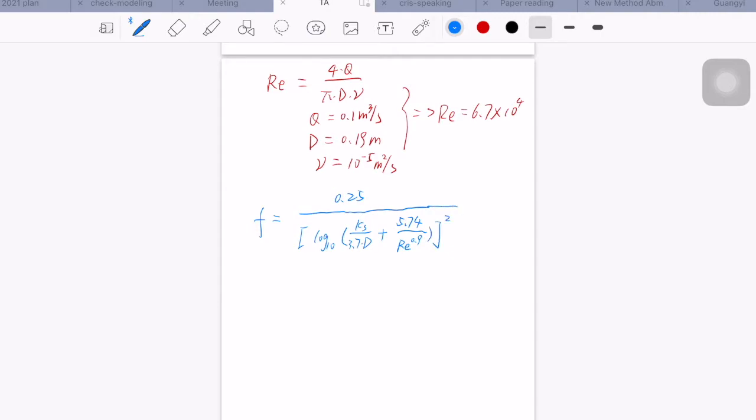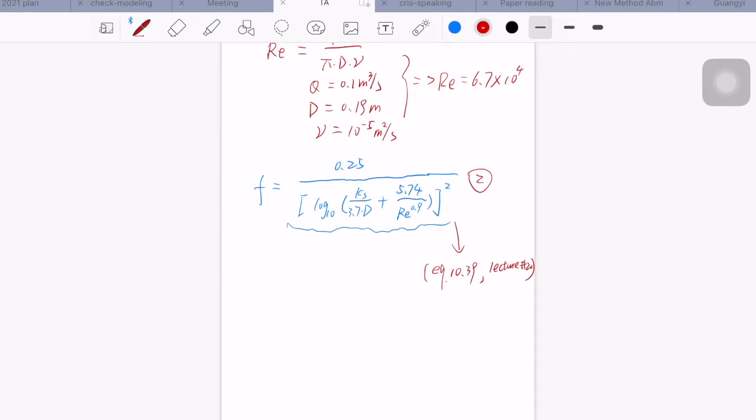We can use this equation to find the new F, and we consider it as equation 2. Actually, this equation is equation 10.39 in your textbook, and Professor Diblas also provided these equations in lecture number 20.